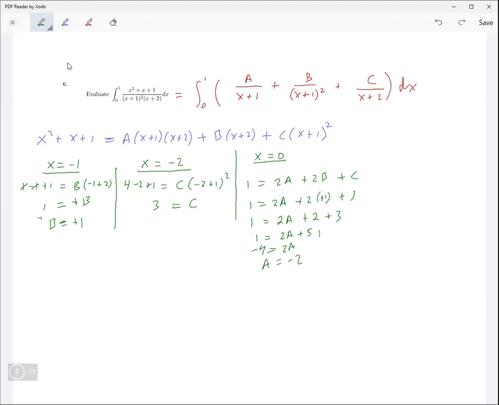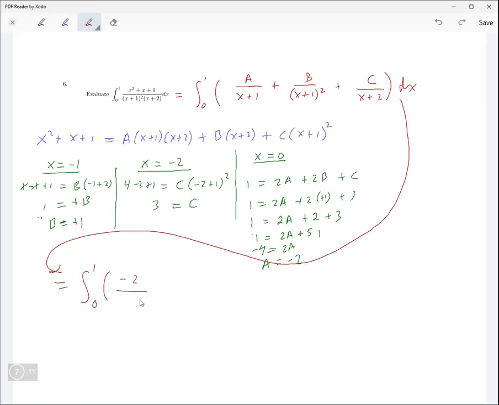Okay. So the integral, plug a negative 2 in for a, and then a 1 in for b, and then a 3 in for c. Okay, so let's go ahead and integrate.